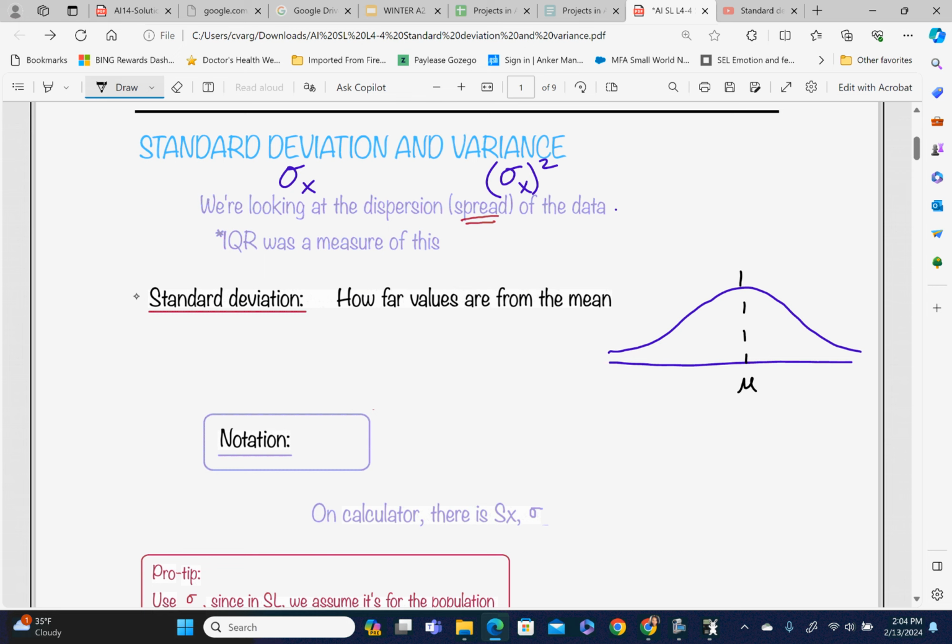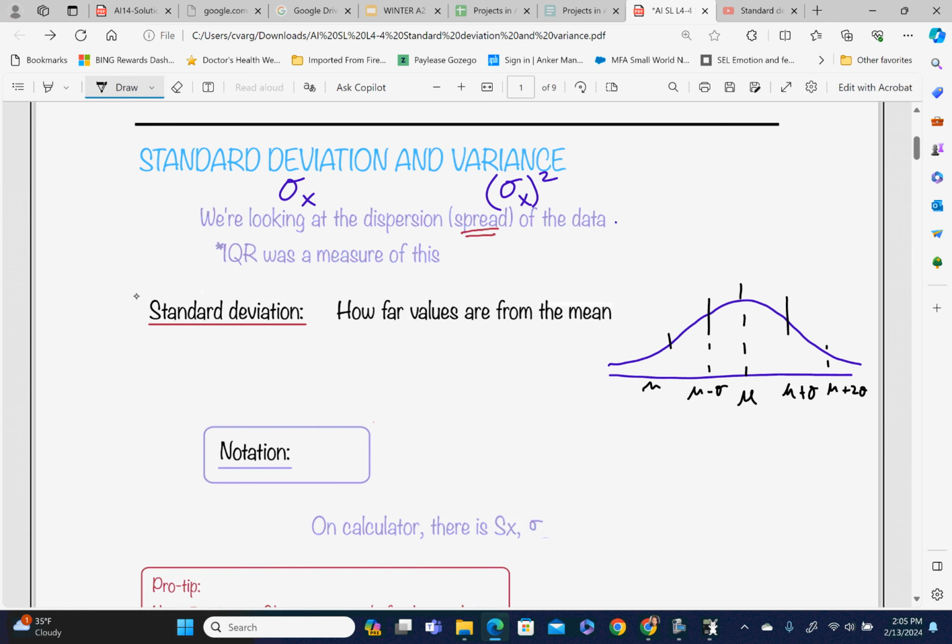And the standard deviation is just if I take this and I go like this right here, this is one standard deviation above. So I'm going to do the mean plus sigma, right? And then over here to find this value right here, I'm going to do the mean minus sigma. And I can go 2 standard deviations above if I wanted to. So this is going to be mean plus 2 times standard deviation. And this is going to be the mean minus 2 times the standard deviation, okay?